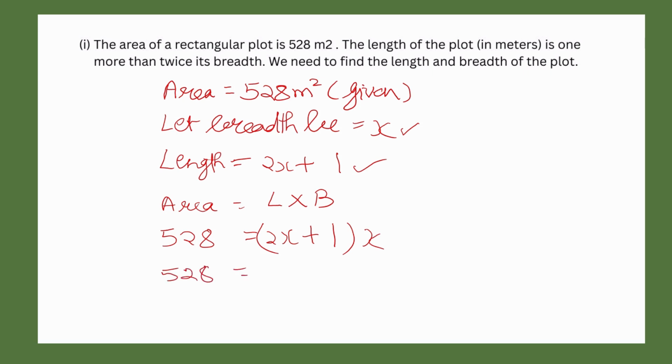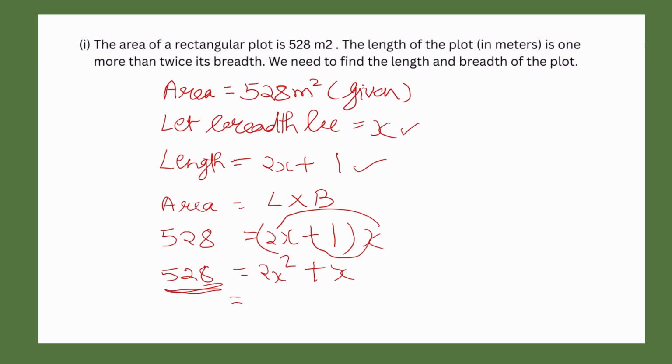So 528 is equal to, अब x जब 2x से multiply होगा, so it will become 2x square plus x को जब 1 से multiply करेंगे it will become x. Now अब ये जो 528 positive में है, जब ये right hand side पे जाएगा it will become negative.